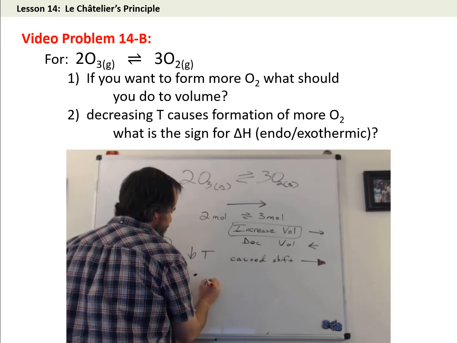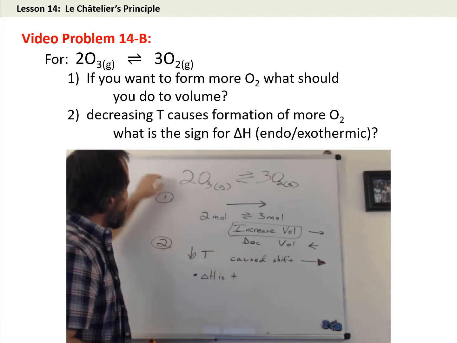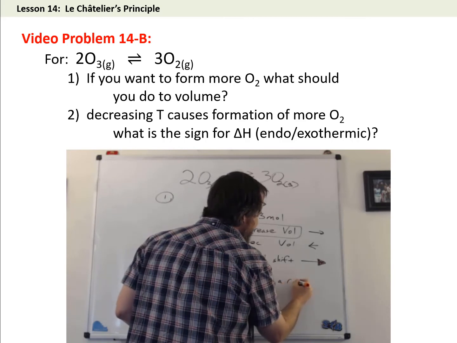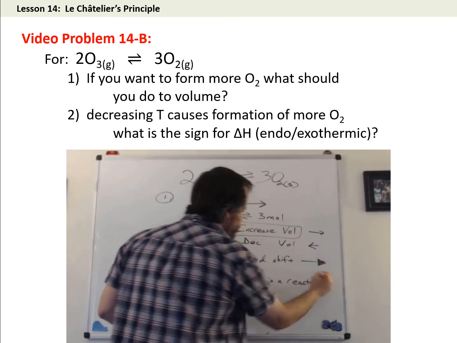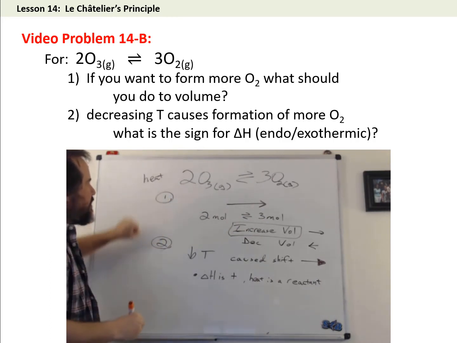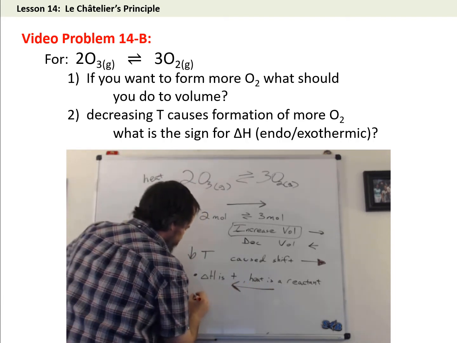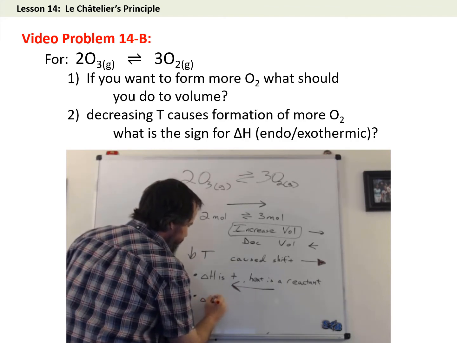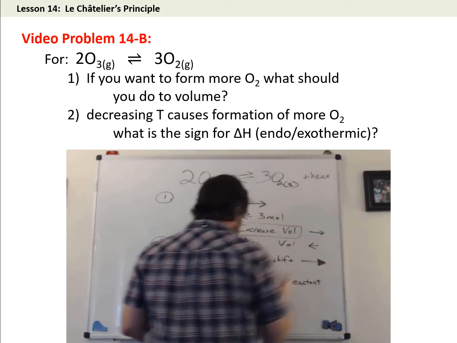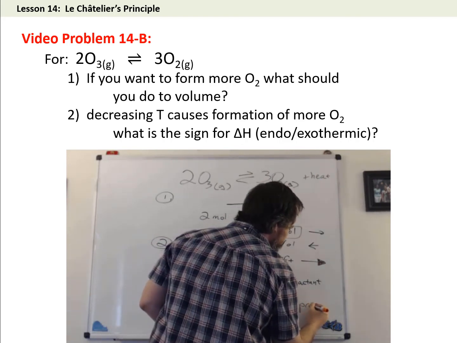So let's see what happens if delta H is positive. If it's positive, that means heat is a reactant. And so if heat is a reactant, that means that decreasing temperature is going to cause it to shift towards the left. Okay. Meanwhile, if delta H is negative, that means that heat is a product.